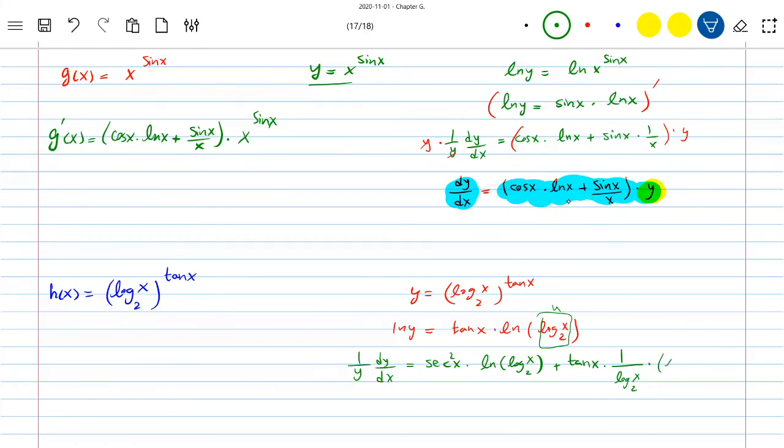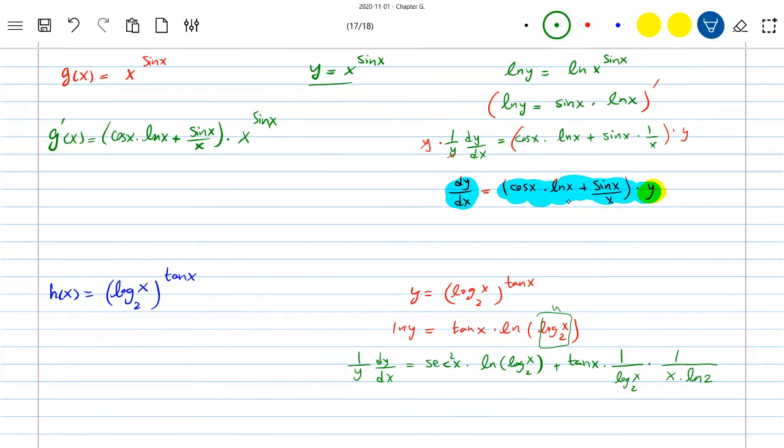So what is the u prime? It would be the log x base 2 derivative. So what is the log x base 2 derivative? We learned that today, it is 1 over x ln 2. This is the derivative of log x base 2. So now we found the derivative.